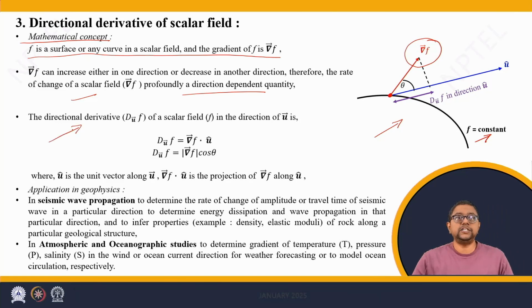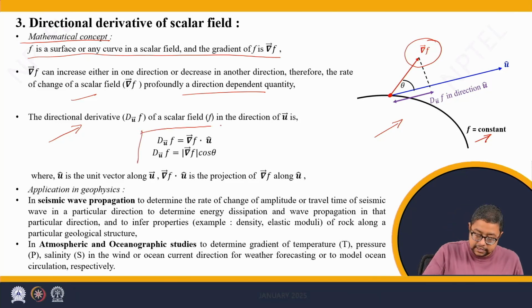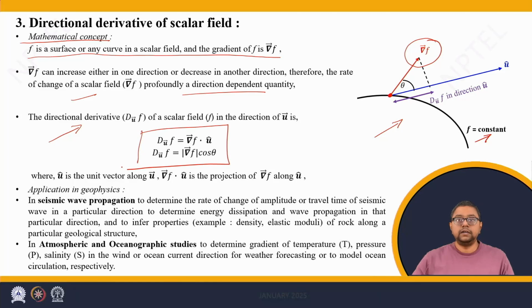Thus, the directional derivative D_u f of a scalar field f in the direction u is defined as shown, where u is the chosen direction. The blue arrow shows the direction in which the directional derivative of the scalar field is to be computed.